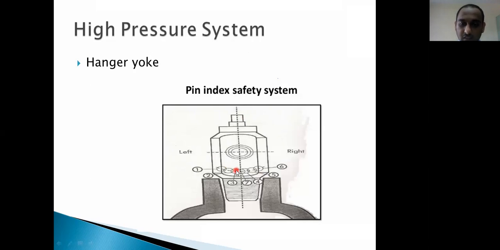So now this is the body of the cylinder, this is the stem, this is the gas outlet, and these are the slots for the pin index system. Now the pin index system on the cylinder stem consists of holes at specific positions as mentioned here, like 1 2 3 4 5 6 and 7, and every gas cylinder gets these index pin holes at specific points.